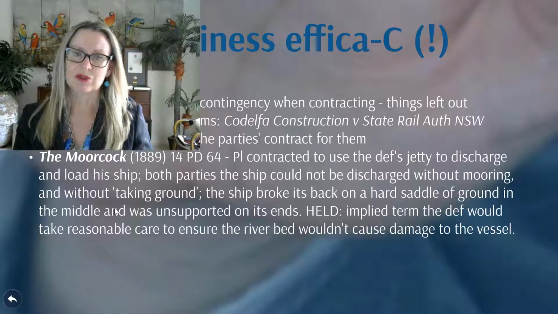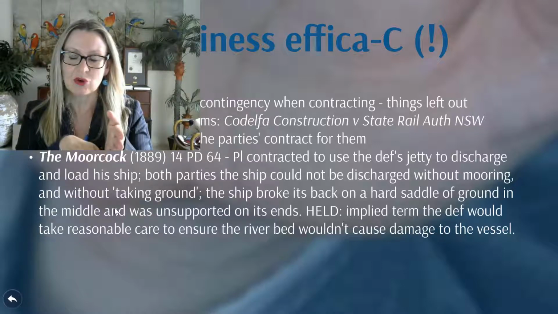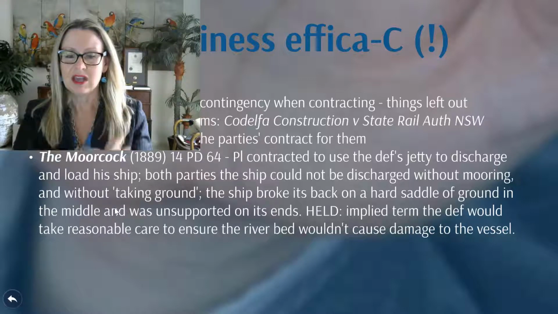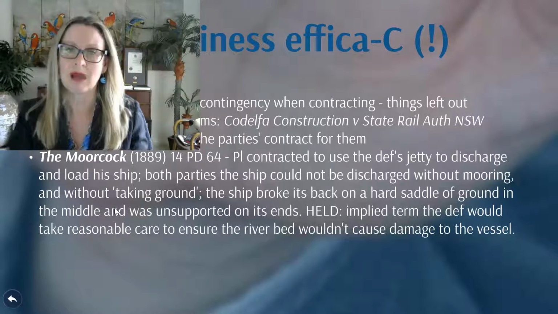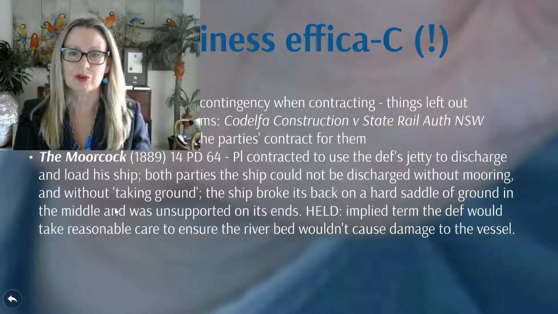In the course of performing the contract, the tide went out, the ship settled down onto a hard ridge of sand that was about in the middle of the ship. The ends of the ship, therefore, were unsupported, and the ship broke its back, according to the court.